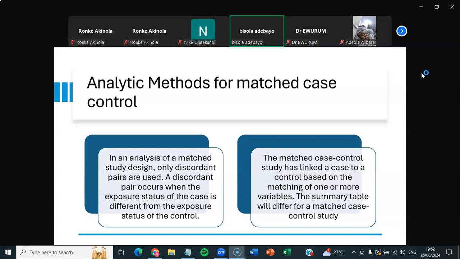So in analyzing case control, one thing I must say, different authors have noted that you don't necessarily have to use matched analysis because you matched some of your variables. The only thing you must note when you match, you cannot look for differences from the variable you matched on. It can't be in your analysis. It's like you've taken it out, because you have already matched them on that.